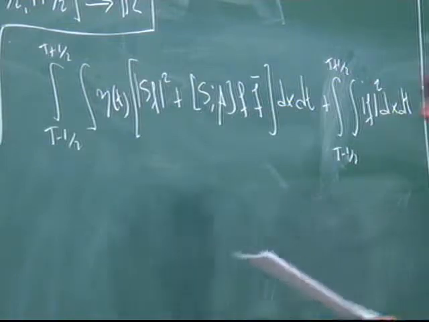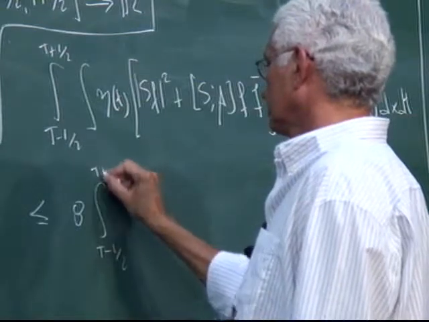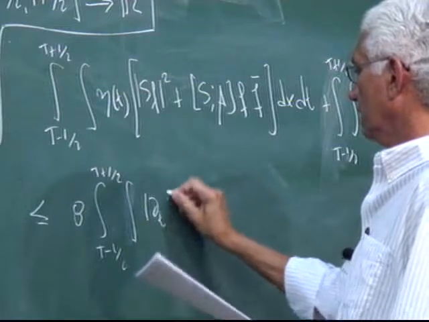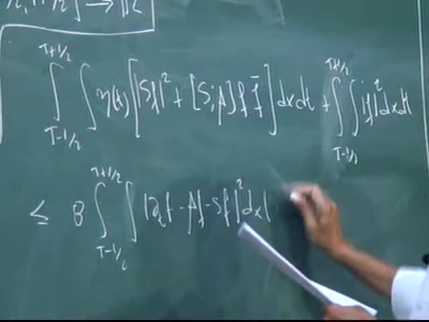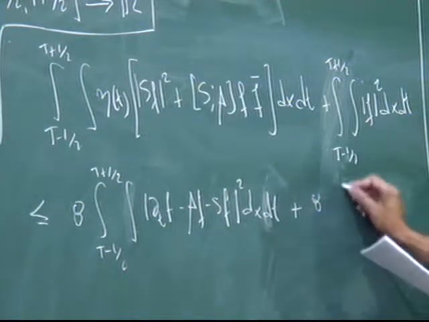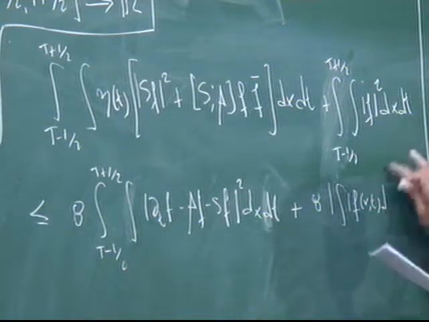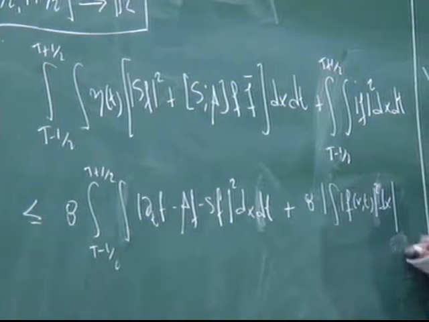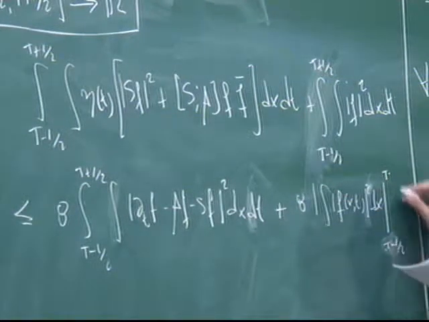All this is going to be bounded by maybe 8 times the integral of dt of f minus A of f minus S of f squared dx dt, plus 8 times the absolute value of the integral of x t squared dx evaluated in t minus 1/2, t plus 1/2, absolute value.